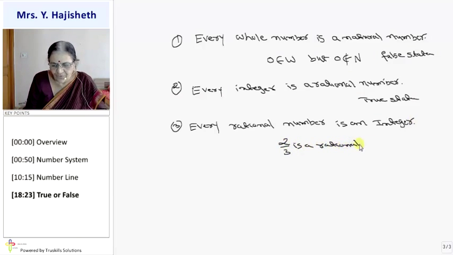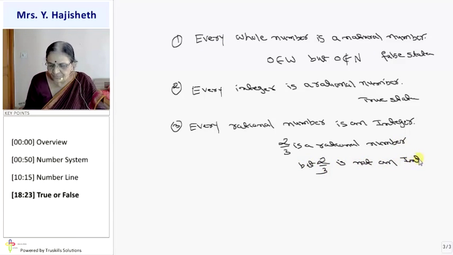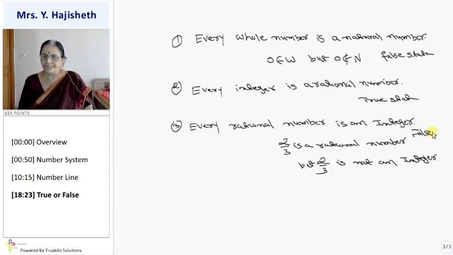Because it satisfies the definition of a rational number. But 2 by 3 is not an integer. One example is enough to say this statement is false. Clear? Because every rational number cannot be an integer. Every integer is a rational number, but every rational number is not an integer.